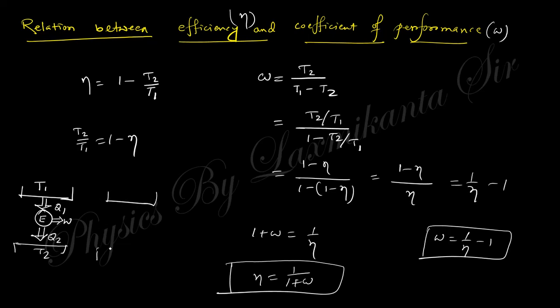And reversely, the refrigerator takes Q2 heat from the sink, work is done on this refrigerator, and it ejects heat to the source. T1 is greater than T2. This is the source and this is the sink. So this is the engine and refrigerator. Clear?